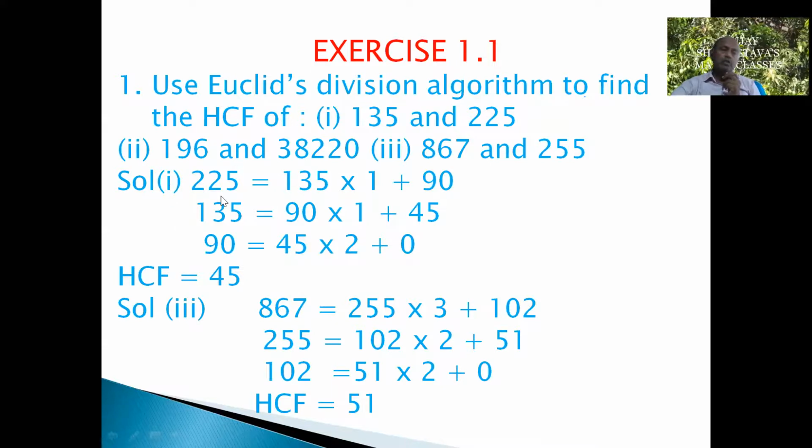So first solution, you see here, 225 you have to write in the form of Euclid's lemma, that is 135 into 1 plus 90. How will you get it?